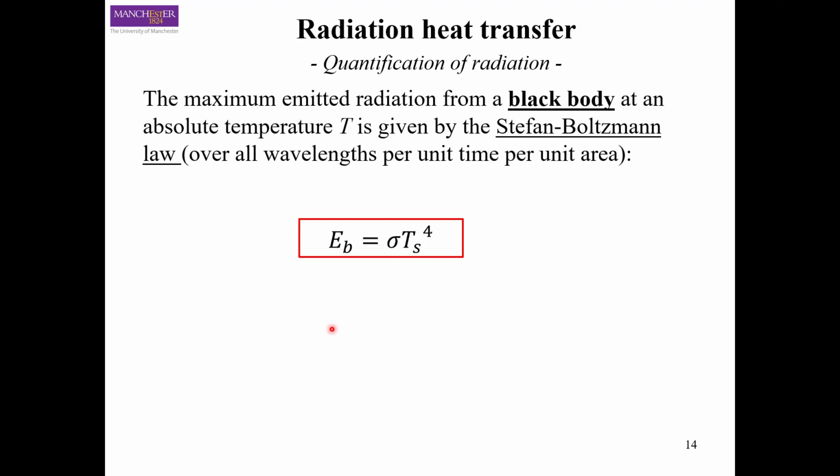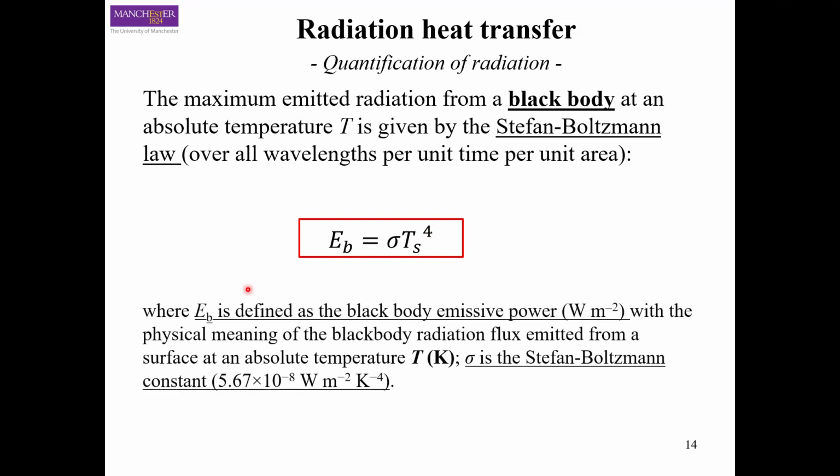Now, in order to calculate the maximum emissive power, or the total power emitted from a black object, we can use the Stefan-Boltzmann law. The Stefan-Boltzmann law gives us the total emissive energy from a black body, equal to sigma, the Stefan-Boltzmann constant, times the absolute temperature of the surface of the object raised to the power 4: E_b = σ Ts^4. Here E_b is the emissive power in watts per square meter, which is the energy falling on an area of one square meter, so it is the energy flux.